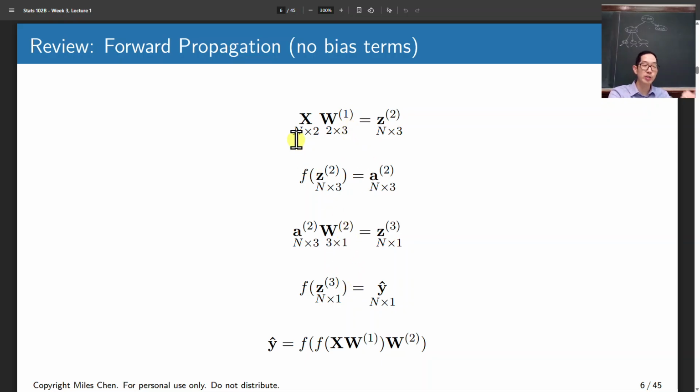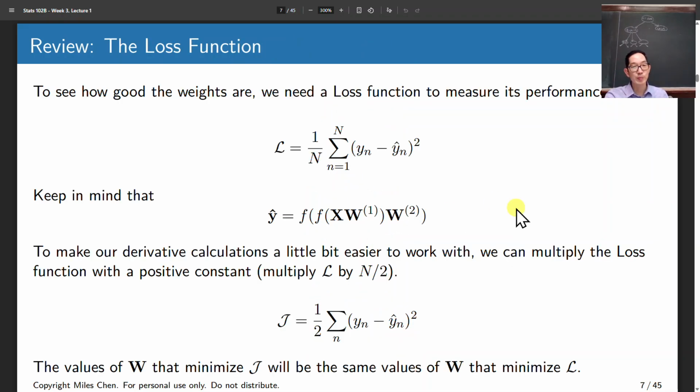We're going to treat the incoming data X as fixed, and the output values y as fixed, and so the only things we can really control are the values that go inside W.